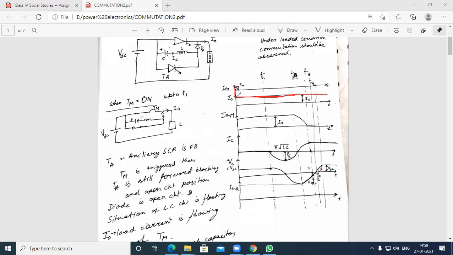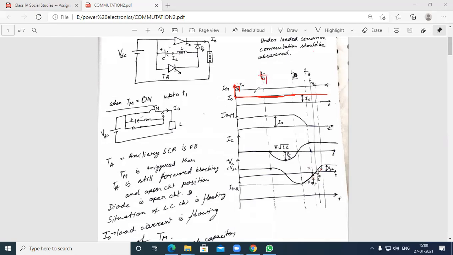Now this one is the gate current. Suppose at this point the thyristor is triggered. When the main thyristor is triggered, it means the main thyristor is on. Suppose up to T1 time the main thyristor is on.